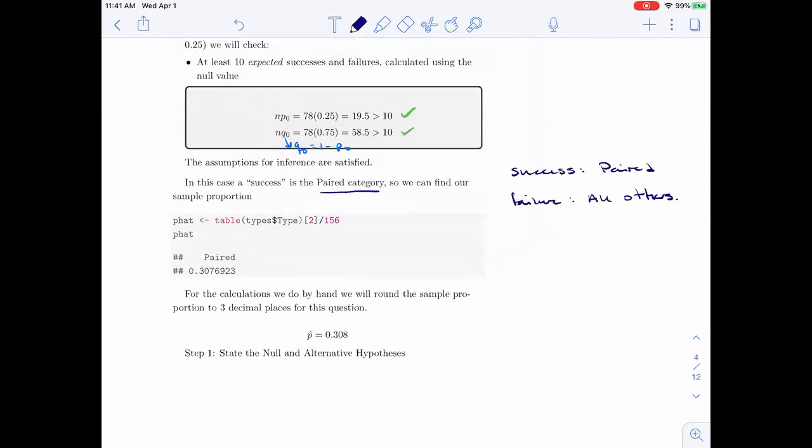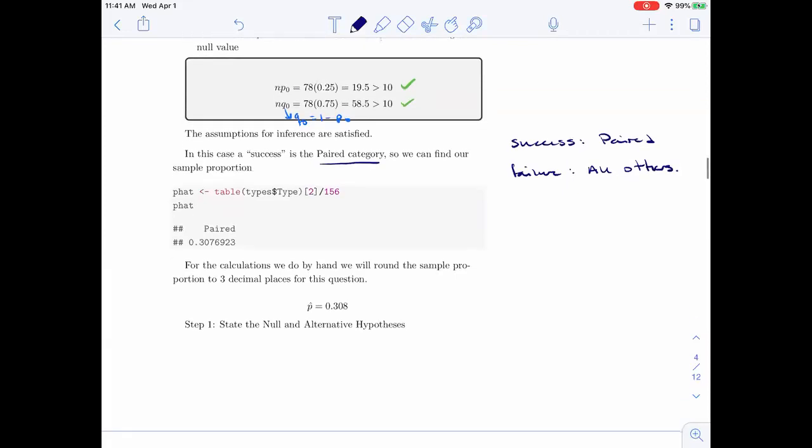If they didn't choose a paired test for their question. So we can find our sample proportion, and just ignore the code here. We're not using R, so you can just ignore it.